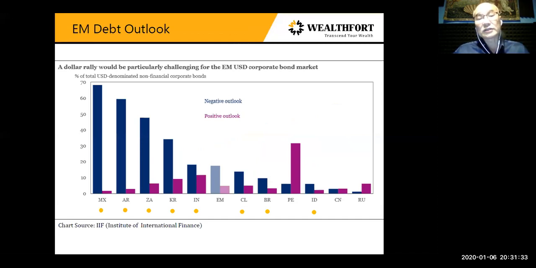This is a chart also from the Institute of International Finance, where it shows the negative outlook among emerging markets and those with positive outlook. You can see that among the major ones, Mexico, Argentina, South Africa, Korea, India, these are with negative outlook.